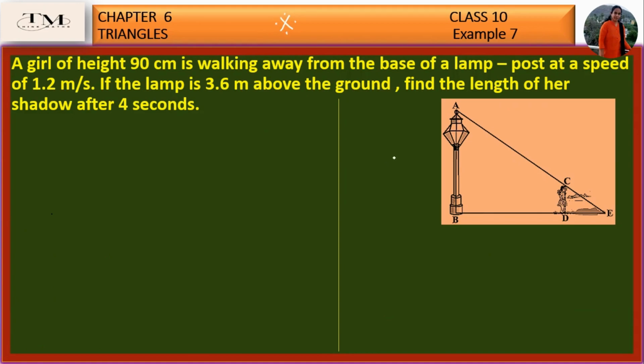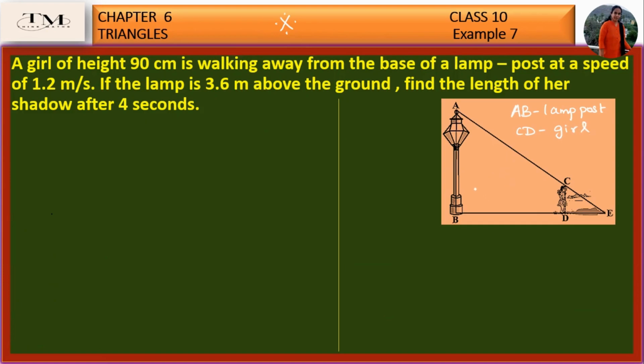So here what is given? A girl is standing here, height of 90 centimeter, walking away from the base of a lamp post. So AB is the lamp post. CD is the girl. Both are standing vertical.